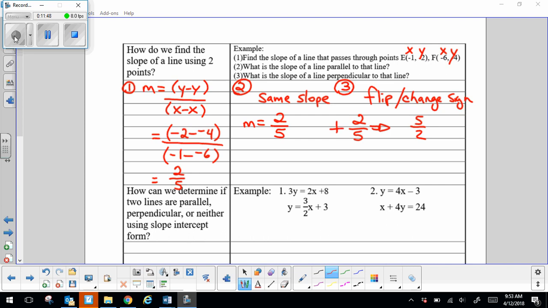He started positive, so I need to make him negative. So the slope of that perpendicular line would be -5/2. So slope of the parallel line is here, same as the one I came up with. Slope of the perpendicular line is here, opposite reciprocals. Go ahead and pause the video if you need to finish writing all that information in.